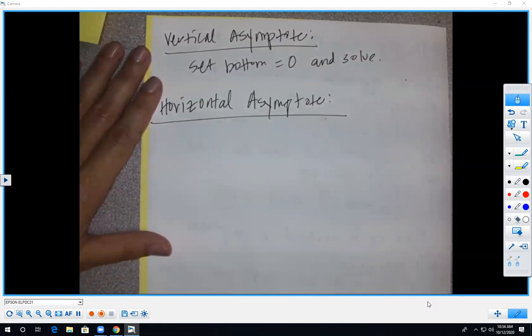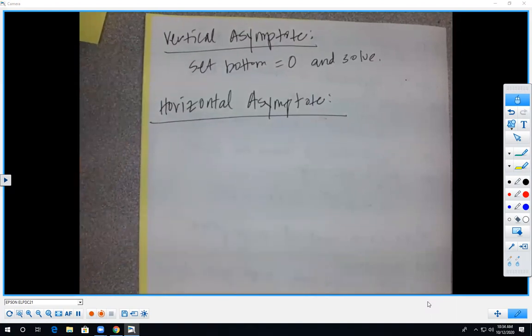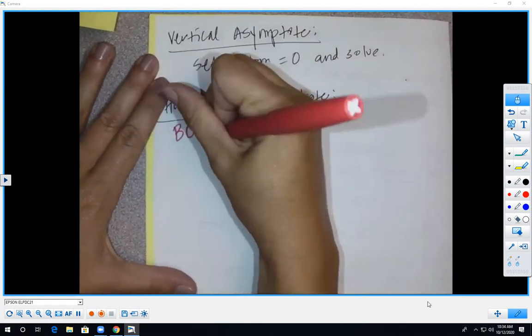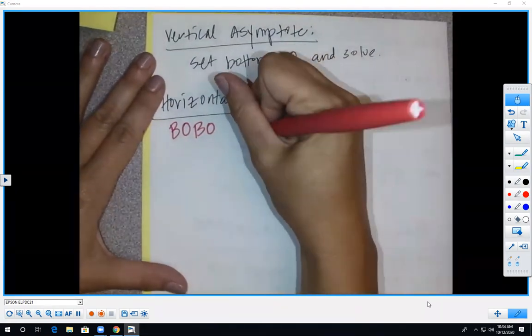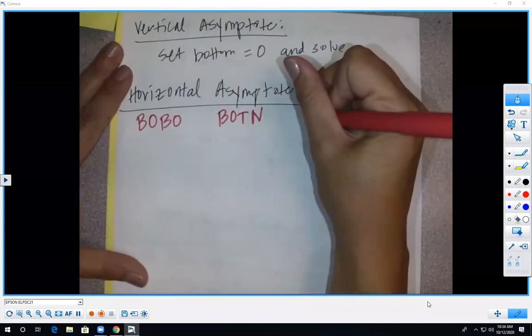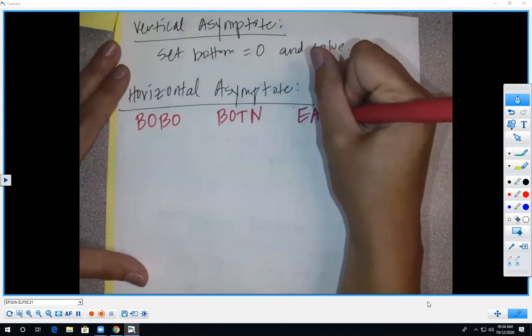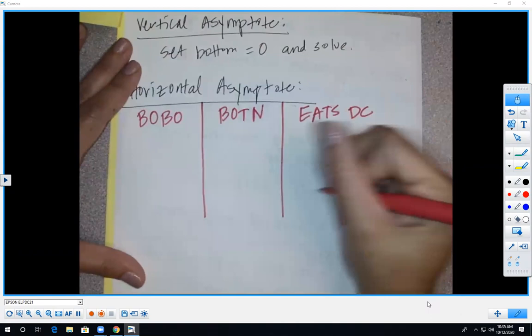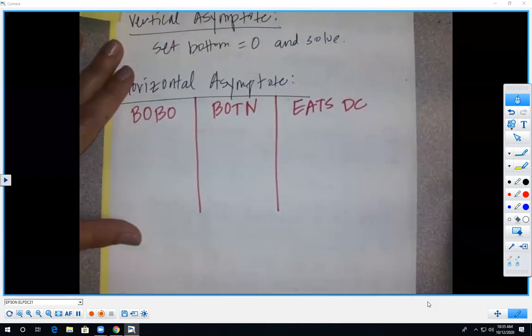I have a mnemonic that I did not make up. My teacher taught this to me when I was in high school, and this is what I've always used. There was a story she went along with it. I don't remember the story, so it means nothing at this point other than just a bunch of letters. It is BOBO, B-O-B-O, and I'll explain what all this means in a minute. BOTN, which is B-O-T-N. Eats DC. It was some story about a clown, but I don't remember any of it at this point.